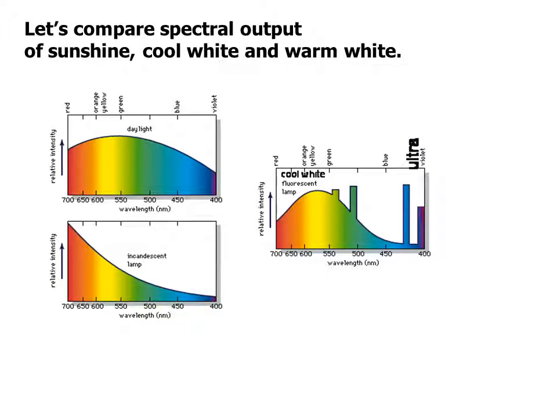So if we look at sunlight, we see a distribution of about equal parts of red, yellow, and green, and it starts tapering off when we get to the blue range. So that by the time we get to ultraviolet, it's about half of the output of the red and yellow range. So we're only getting half as much blue light as we are red light, which is good. Sunlight's pretty good.